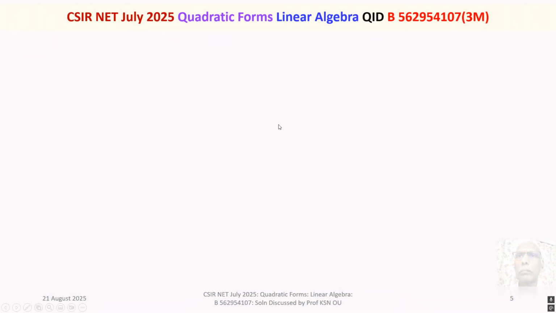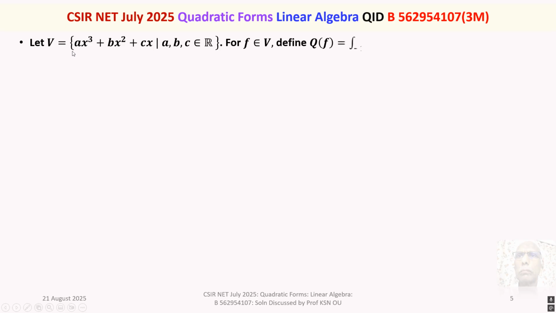Right. The given question is, let V be the set of all ax cube plus bx square plus cx, where a, b, c belongs to R, set of real numbers.